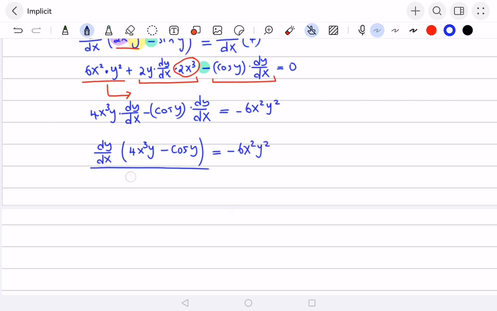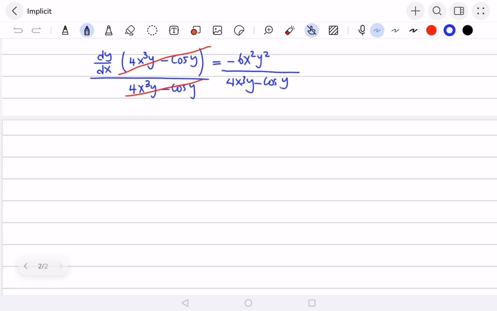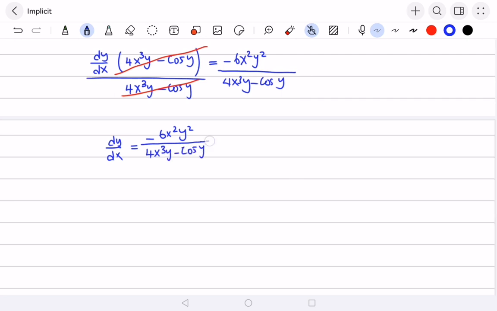Then we simply divide by 4x cubed y minus cos y. Then this will cancel that. Then our final answer will be dy over dx equals minus 6x squared y squared all over 4x cubed y minus cos y, and we are done.